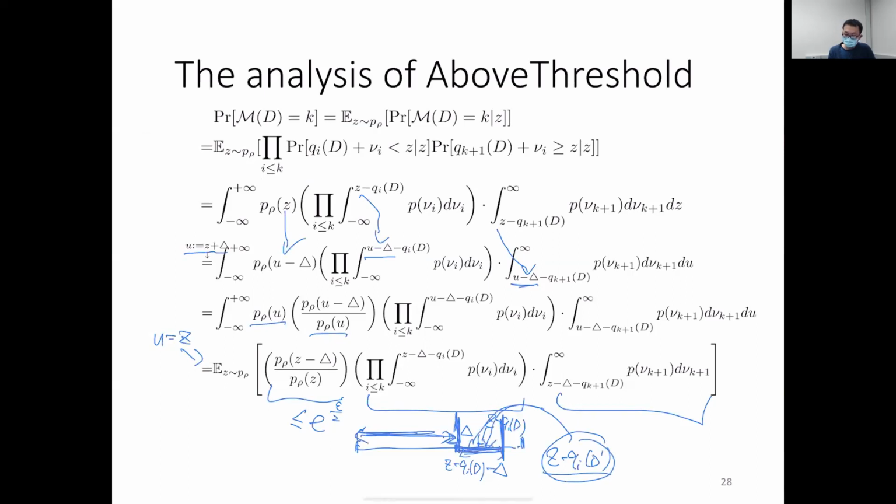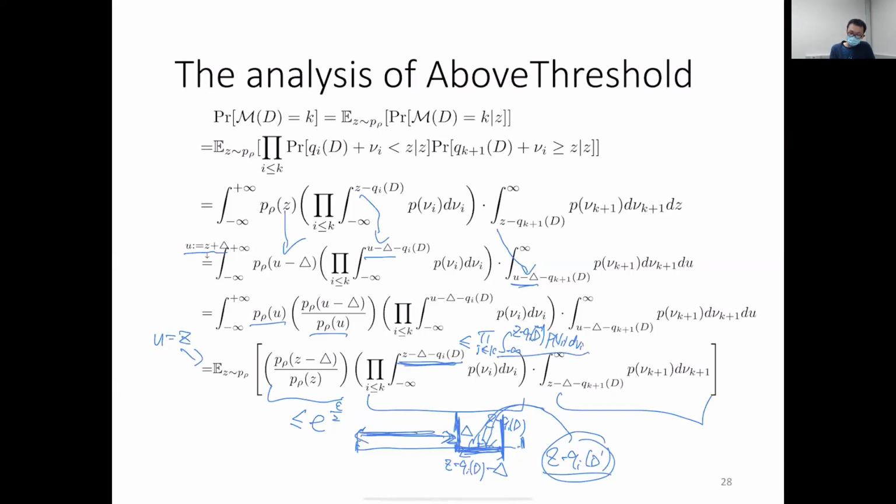If it is within this window, then when we replace the place that we're integrating to with z minus QID prime, it gives me a bigger probability, because the set is larger. Therefore we can bound the middle term with the product over i smaller than k of the integral from minus infinity to z minus QID prime, where D prime is a neighboring data set, of p nu I and d nu I.